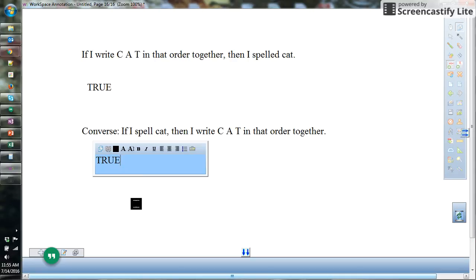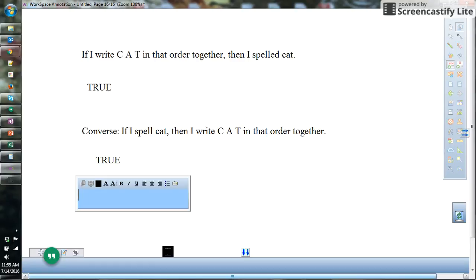When you have a statement where its converse has the same truth value, you can make a biconditional statement. Now, biconditional means that no matter which you have first, the hypothesis or the conclusion, if you swap their spots, then it's always going to be true. So to write a biconditional, I think I'm going to write this on another page, and then we'll swap back when I write it.